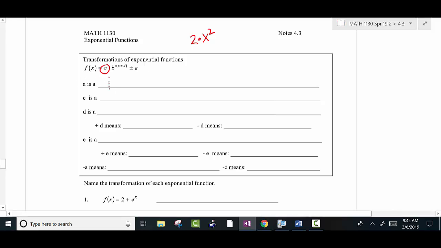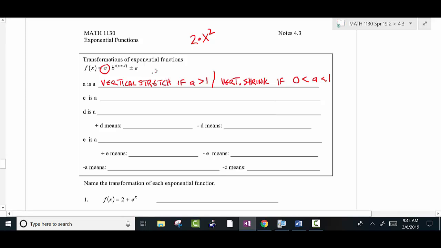So A is going to be a vertical stretch if A is greater than 1. You want to write these down so that you know these. That causes the y's to get bigger. It will be a vertical shrink if A is a fractional value, between 0 and 1. That's what we learned when we were doing any function. So that's what that does.